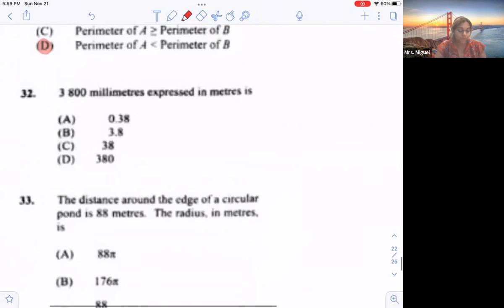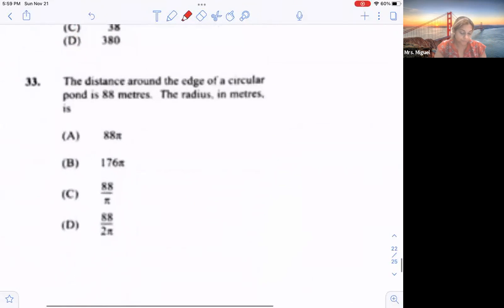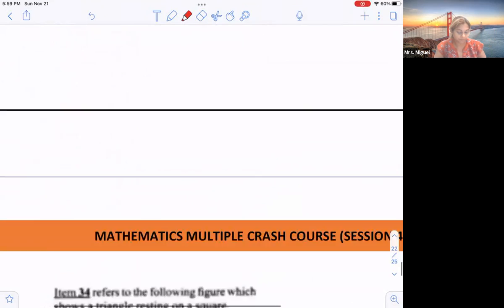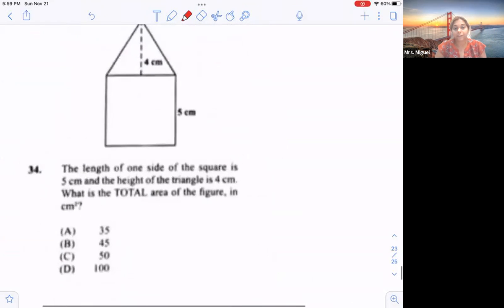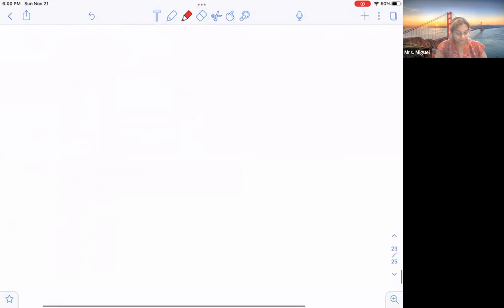Number 32, 3800 milliliters is 3.8. Number 33, the radius, 88 over 2 pi. Number 34, the total area: the area of the triangle is 10, the area of the square is 25, 25 and 10, 35.